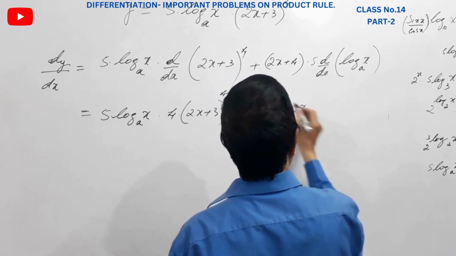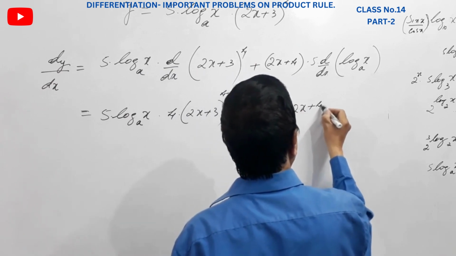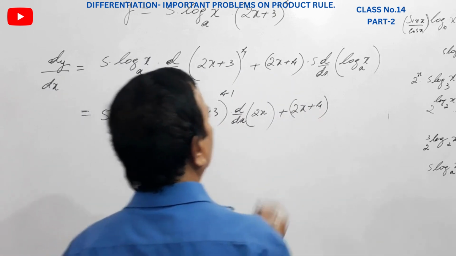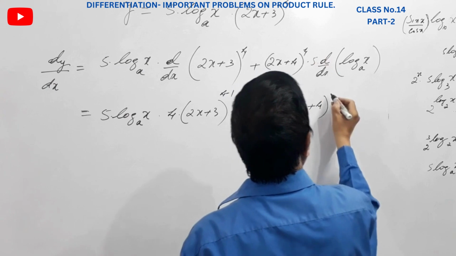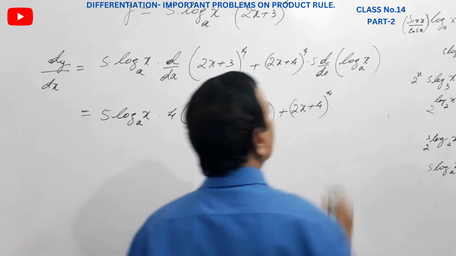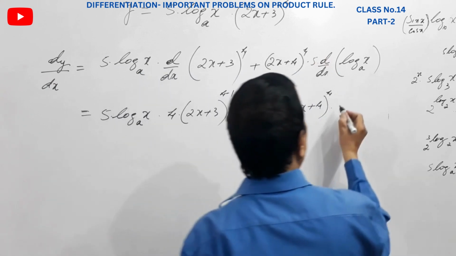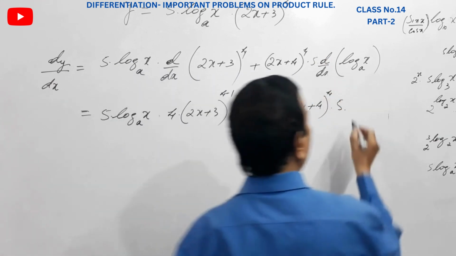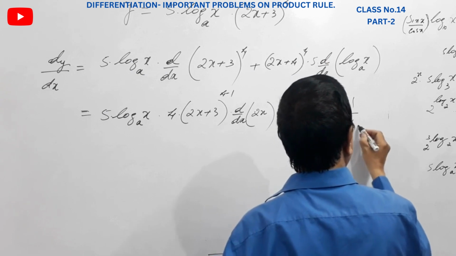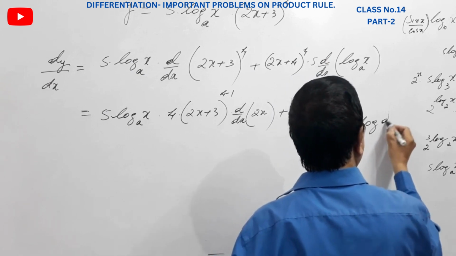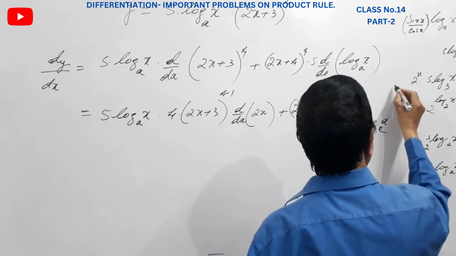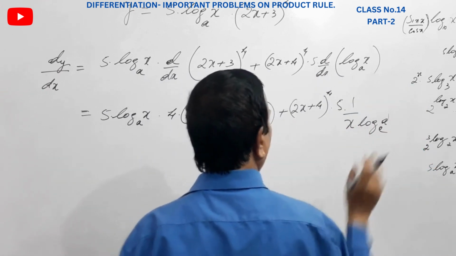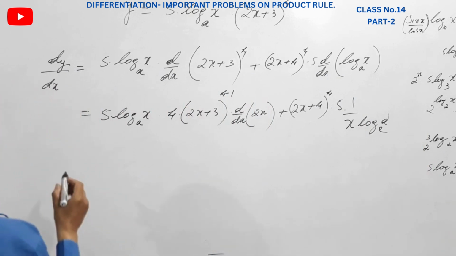So 2x plus 3 to the power of 4, here you have the 5. Differentiation of log x to base a is what? 1 by x log a to base e.